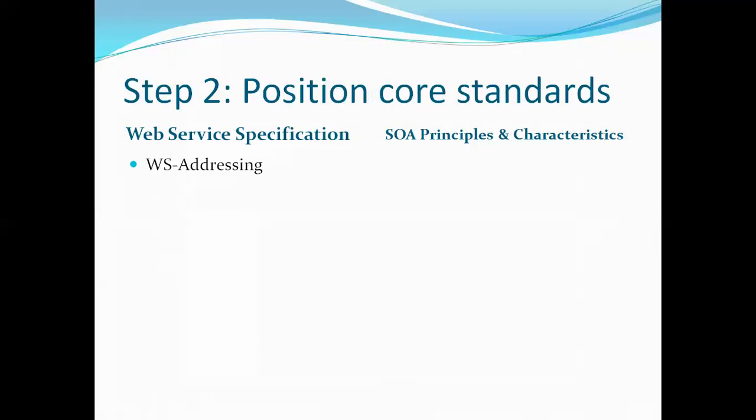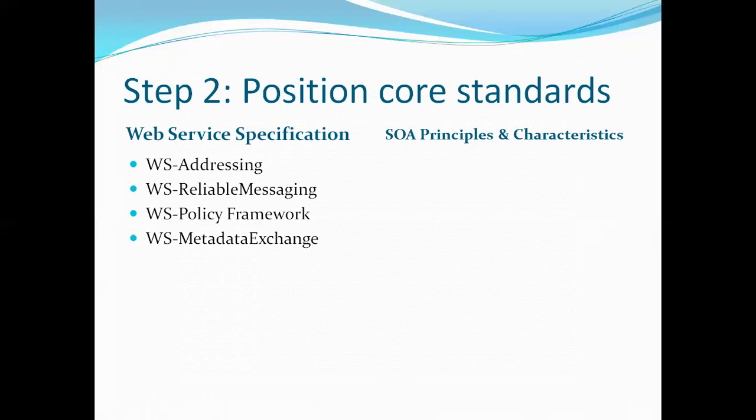So, position core standard. The web service specifications are applied on the identified service candidates. We have identified 11 service candidates. After identifying them, you apply these web service specifications on each web service candidate.